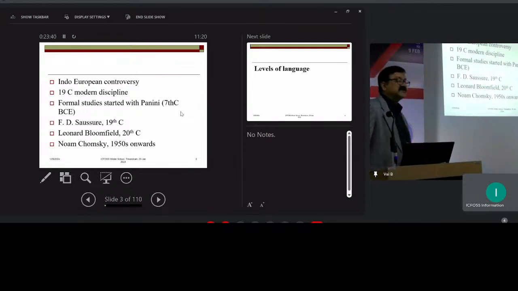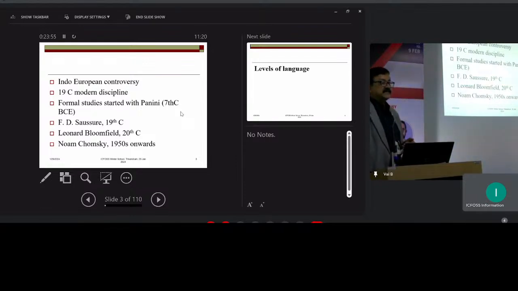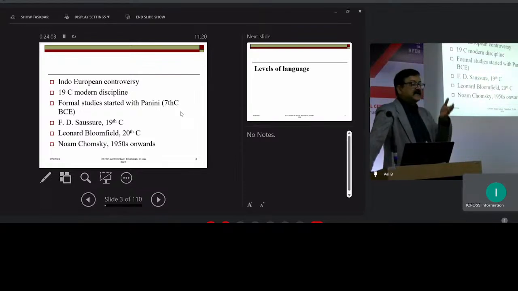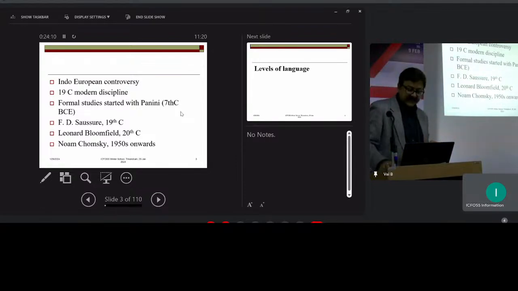And Chomsky does mention Panini in the first book, 1957. He mentions Panini as the generative programmer. So it's quite possible that Panini's successive translations by Western European linguists influenced a generation of linguists: Saussure, Bloomfield, Noam Chomsky, all of them. And what we have today is certainly a lot of Panini, directly or indirectly.